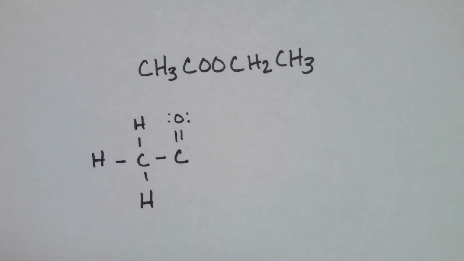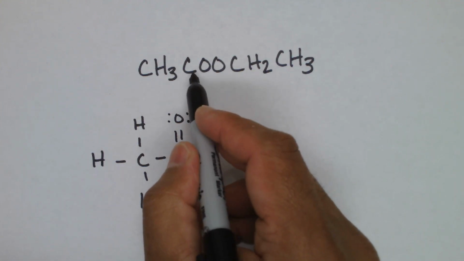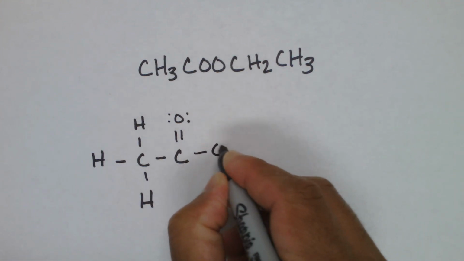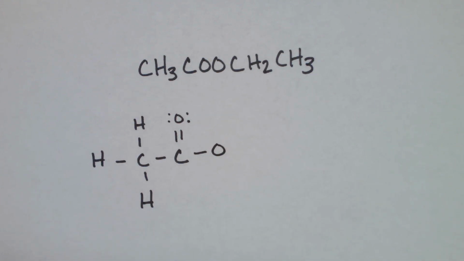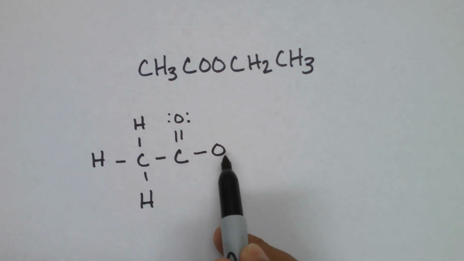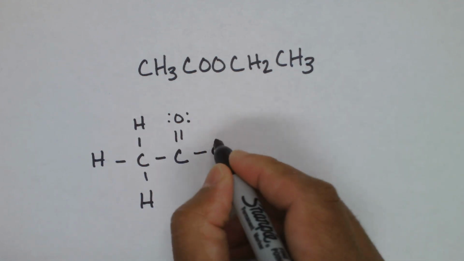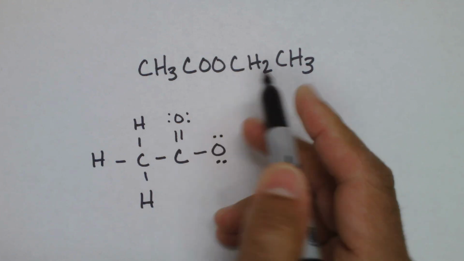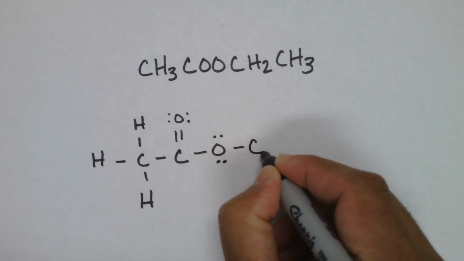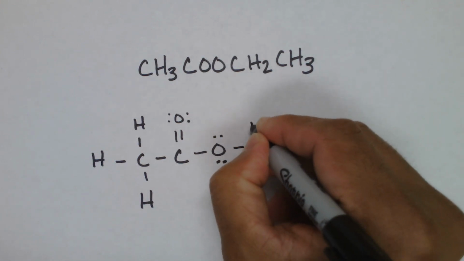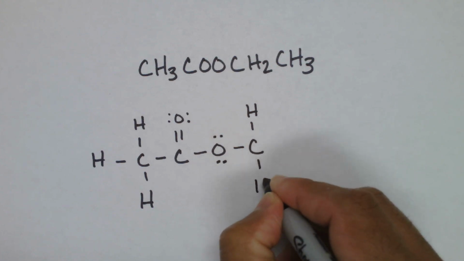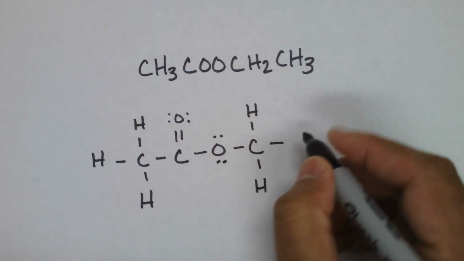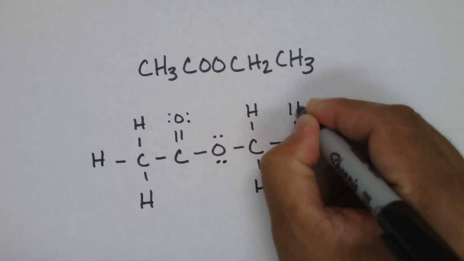That's the carbonyl. And then we'll continue the chain with this next oxygen. Notice, rather than this oxygen bonded to a hydrogen, this oxygen is then bonded to another carbon, and this chain actually continues. So here's the CH2 group, and then we'll close up this chain with the CH3 at the end.